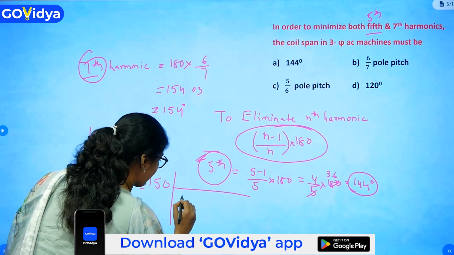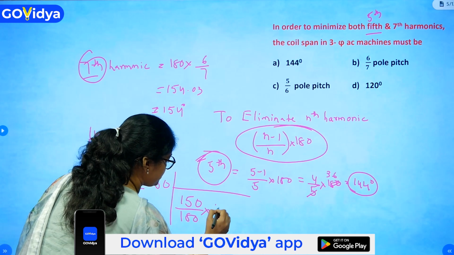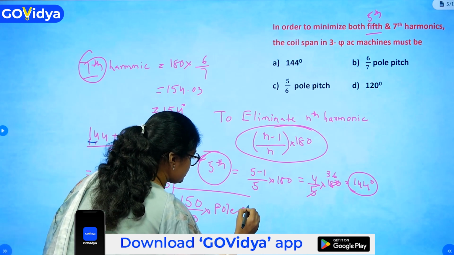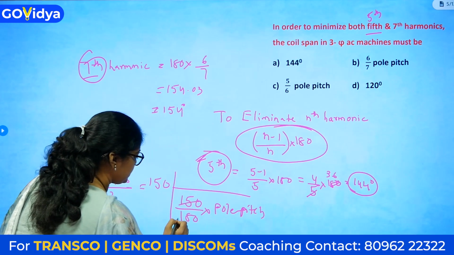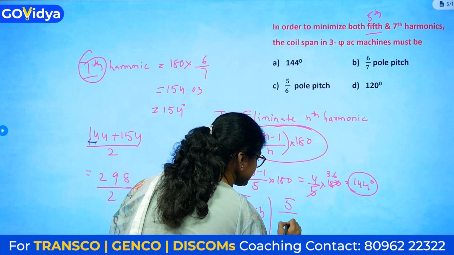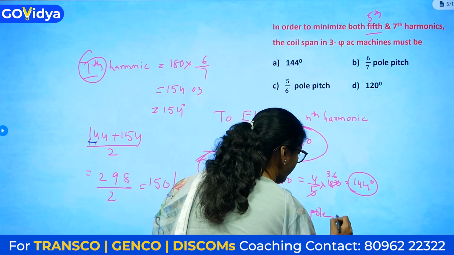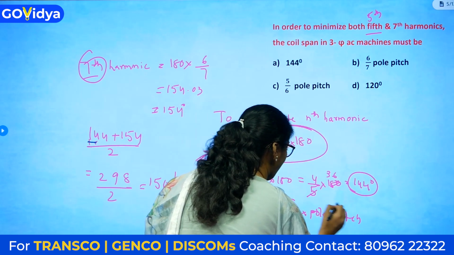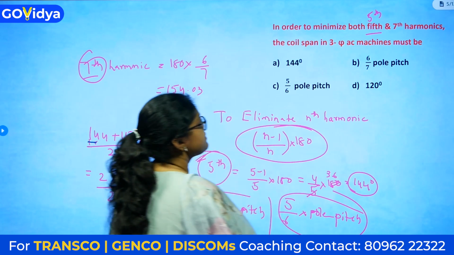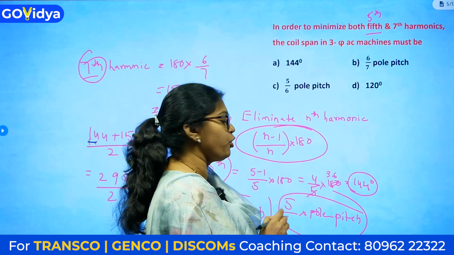But coil span they have asked, so I will take 150 by 180 into pole pitch, which is 5 by 6 into pole pitch. So the coil span for eliminating both the 5th and 7th harmonic is 5 by 6 into the pole pitch value.